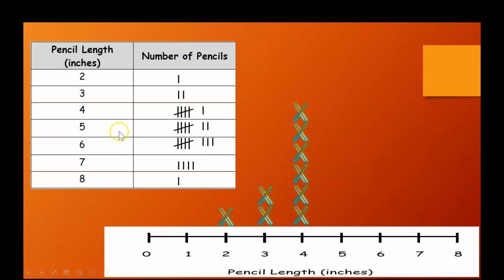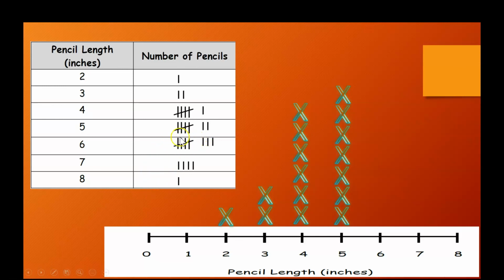5 inches. How many? There's 7. So there's a group of 5 plus 2 more is 7. Let's put 7 x's. 1, 2, 3, 4, 5, 6, 7. Above 6, how many x's do we need? 8 is correct.